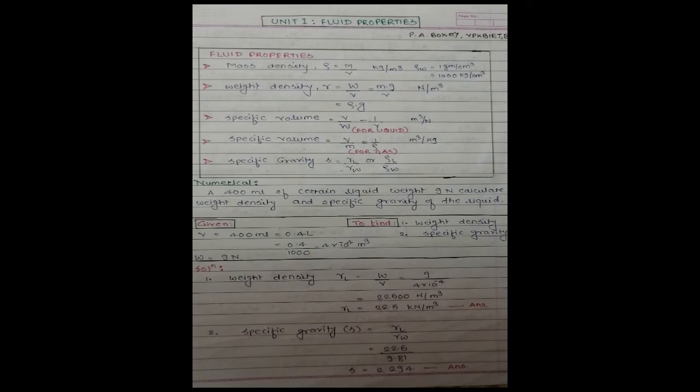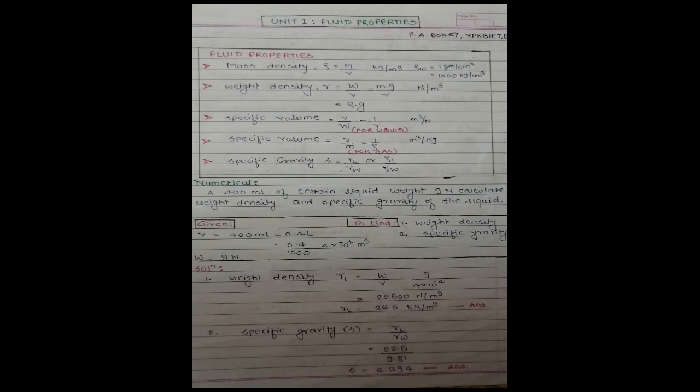It is a dimensionless quantity and is denoted by the symbol S. If the specific gravity of a fluid is known, then the density of the fluid will be equal to specific gravity of fluid multiplied by the density of water. For example, the specific gravity of mercury is 13.6, hence the density of mercury is 13.6 into 1000, that is 13,600 kg per meter cube.